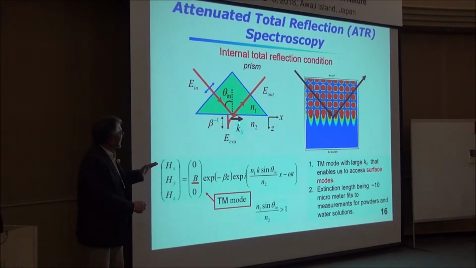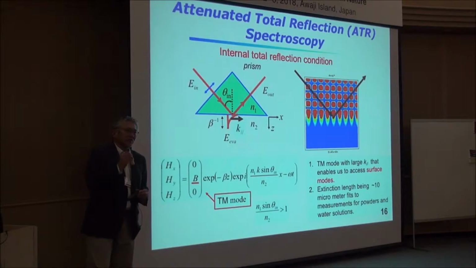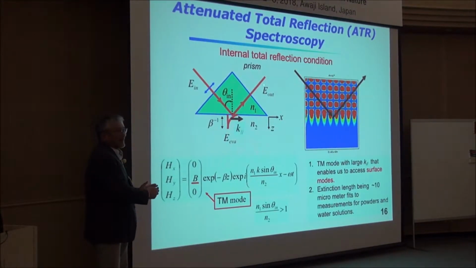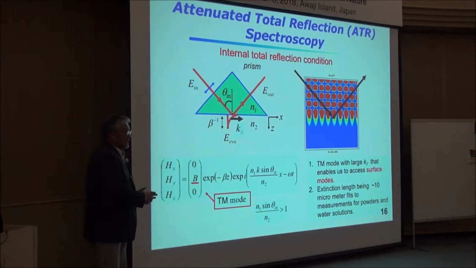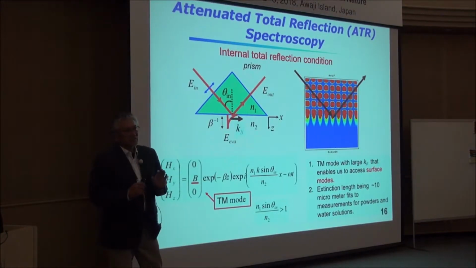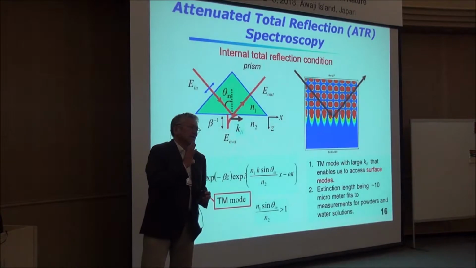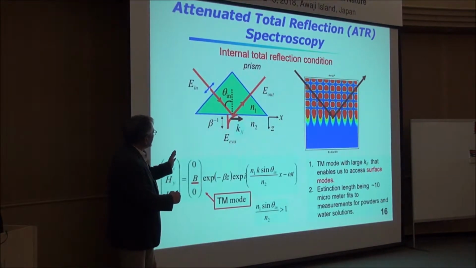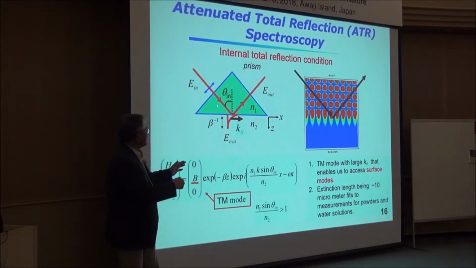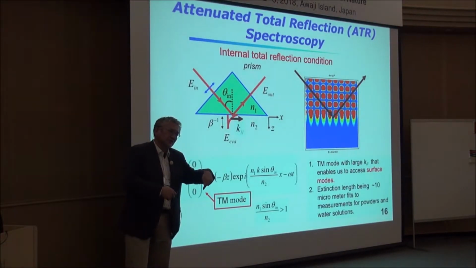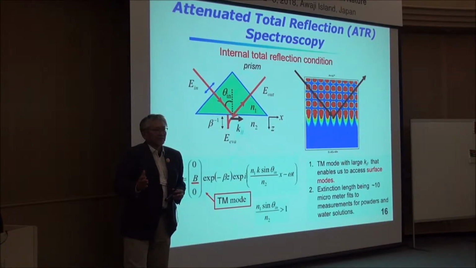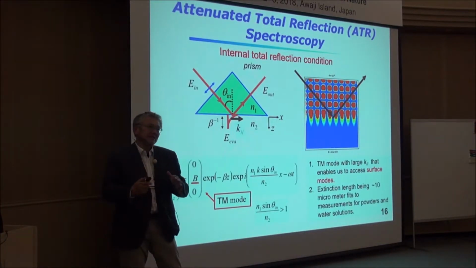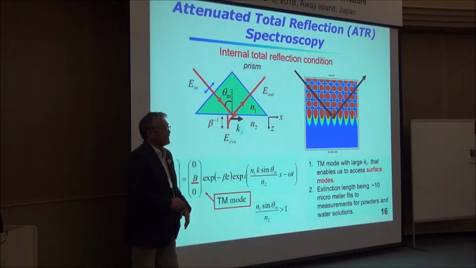If you put some material here, we can measure the absorption by just seeing the transmitted light. And the important thing is that this is quite polarization dependent. We can prepare TM and TE modes here just by rotating the input polarization and see what's happening. Many interesting modes we can see using this ATR technique.